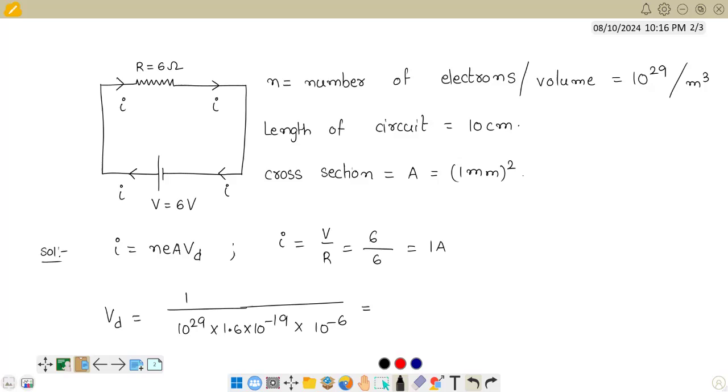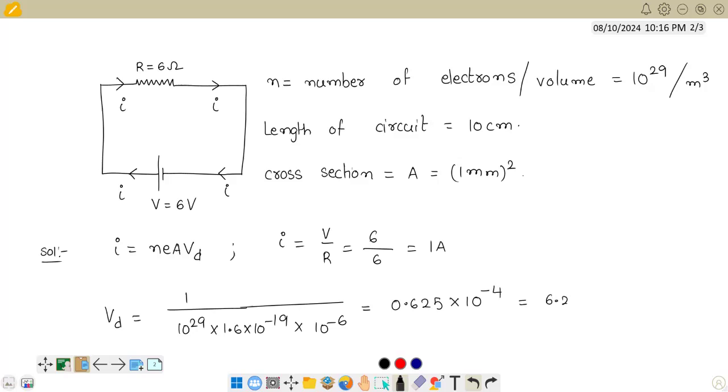If I go for this division, we get 1 divided by 1.6, which is 0.625, into 10 power 29 minus 25, so we get 4. So 10 power minus 4.